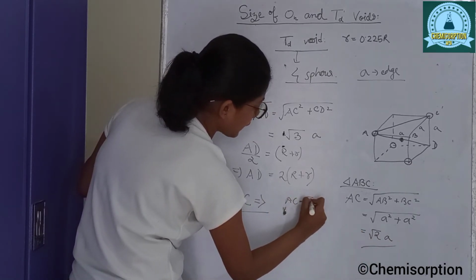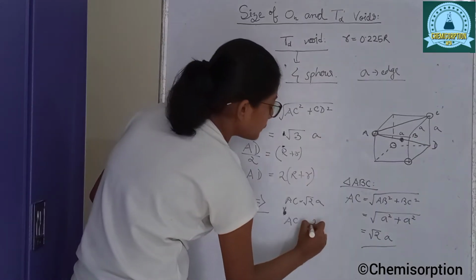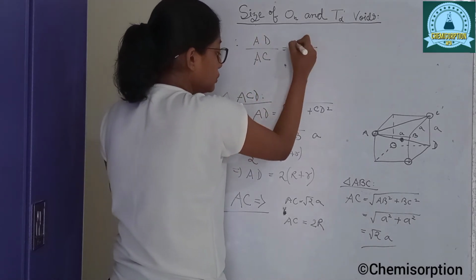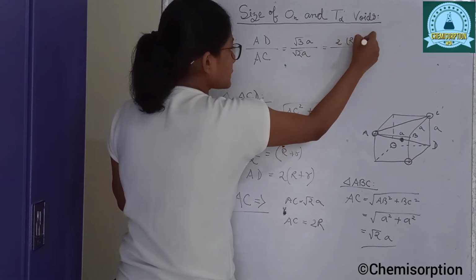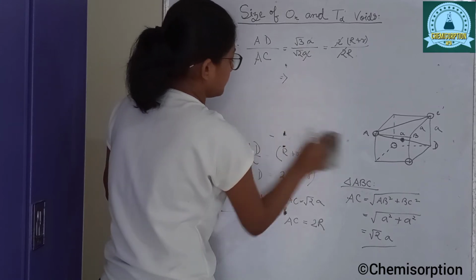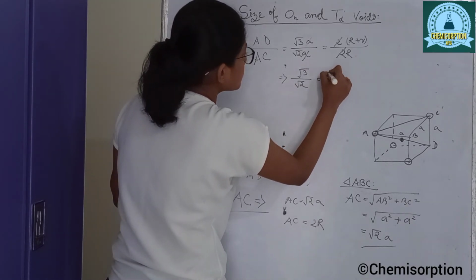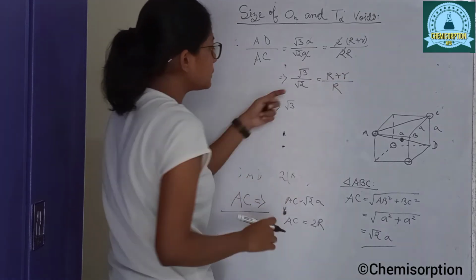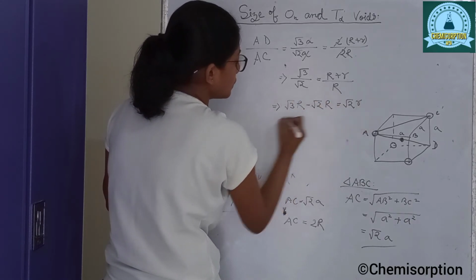AC is equal to root 2A, and the sphere at A and sphere at C are touching each other, so it will be twice R. Therefore AD by AC is equal to root 3A by root 2A, which is also equal to twice R plus r by twice R. 2 will be cancelled, A will be cancelled, and we will have root 3 by root 2 is equal to R plus r by R. So root 3R minus root 2R is equal to root 2 small r.